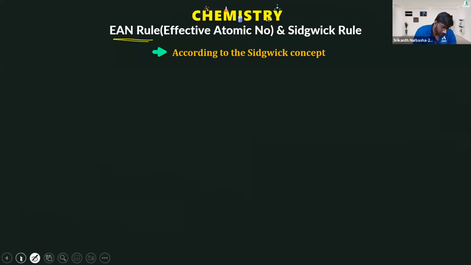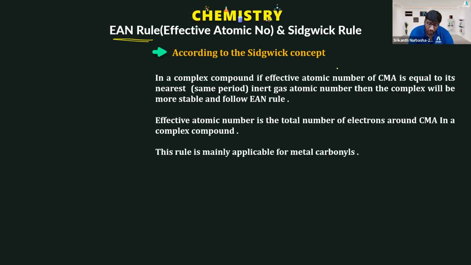Okay, fine. So we look at what it is. EAN stands for effective atomic number. In a complex compound, if the effective atomic number of the central metal atom is equal to the nearest or same period inert gas atomic number, then the complex will be more stable and it is said to be following the EAN rule.